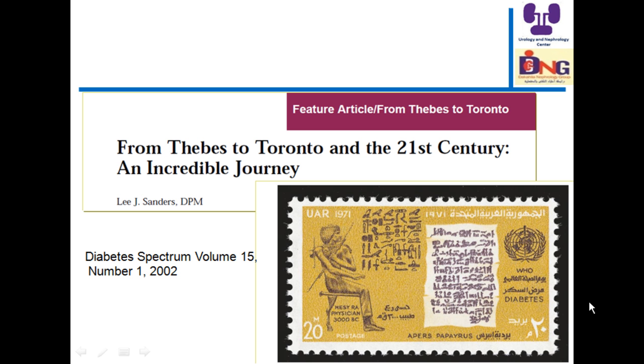This is one of the old journeys of diabetes, and this is the stamp issued by Egypt in 1971 for the World Health Organization's World Health Day. The stamp features a section of the Ebers papyrus and the portrait of the Egyptian physician.